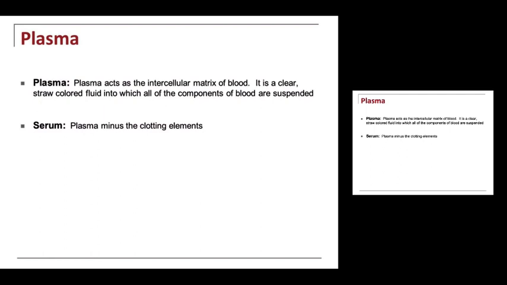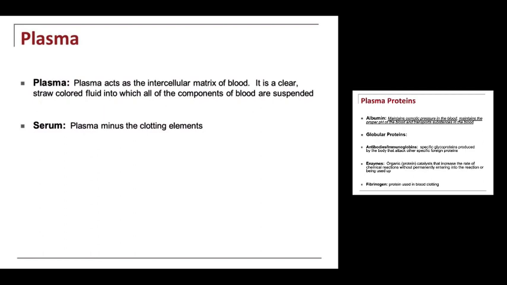Plasma is the extracellular matrix. It's clear, it's straw colored, and it's the fluid in which all the other components of the blood are going to be suspended in. When you hear serum, serum is the plasma minus the clotting elements that are there.